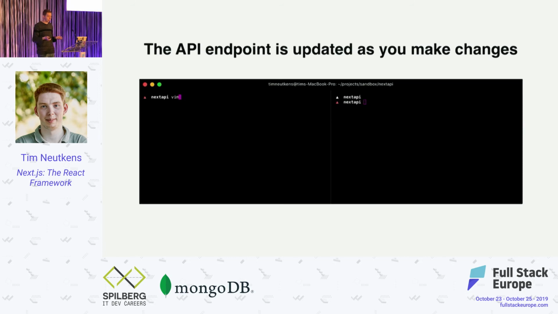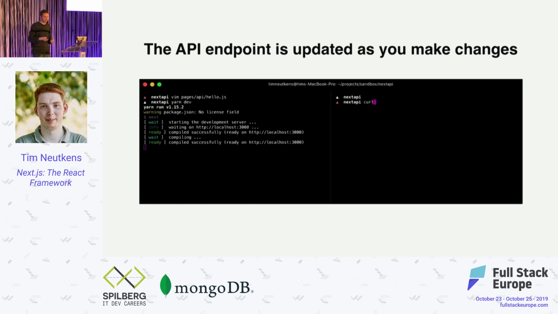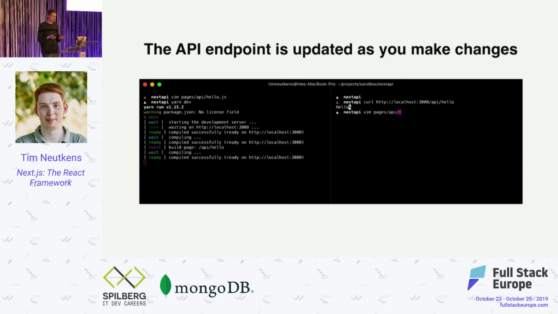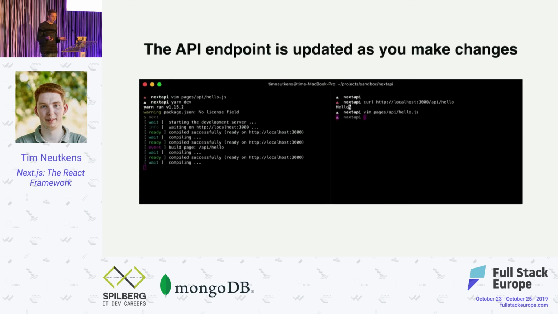And API endpoints are updated as you make changes. I'll have to look there, I guess. Let's try that. Okay, I can look there. That's nice. So if you make changes to your app, say you change, for example, the hello.js inside of the API directory, and you curl it, which just gives back hello right now. And you change the actual API, and you change it to hello world, and then you save it.